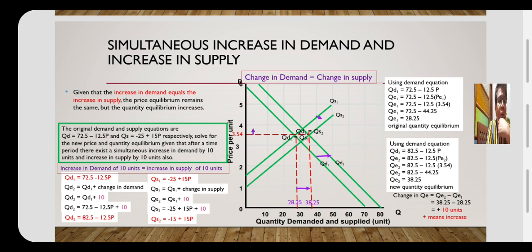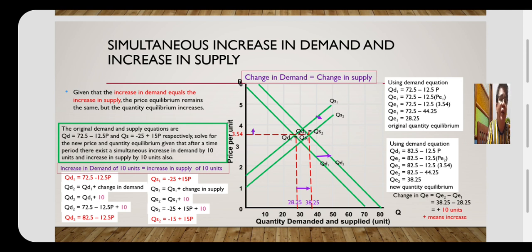The new quantity equilibrium is 38.25, while the original quantity equilibrium is 28.25. So there is actually a change by 10 units, and the change is positive because the new equilibrium is greater than the original quantity equilibrium.